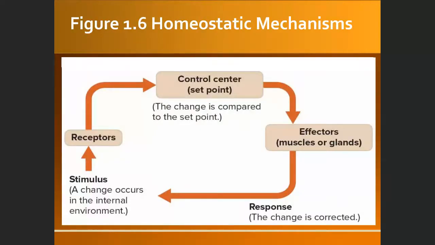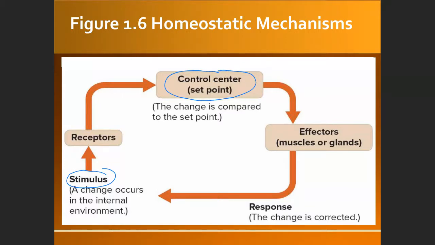Okay, so again, the receptor will receive that stimulus, and then the receptor will carry that information to the control center. And again, the main control center in our body is the brain. There are some other control centers, for example, endocrine glands, but the main one is the brain.